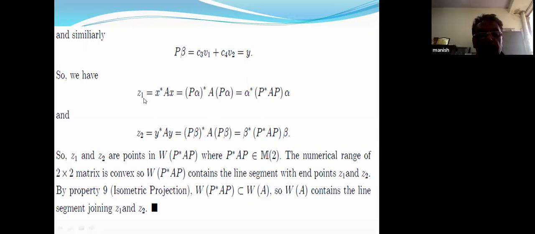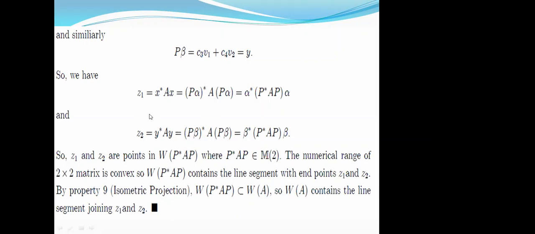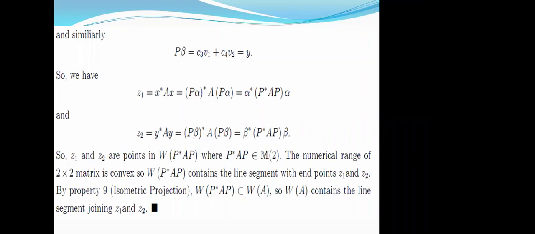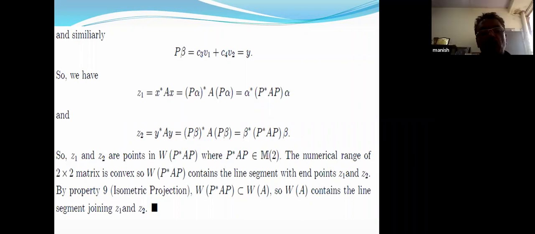So ultimately, the line segment joining Z1, Z2 is also in the numerical range of A. This shows that for any complex n by n matrix, its numerical range is a convex set. And this is a very fundamental and most important property of numerical range, known as the Toeplitz-Hausdorff theorem.